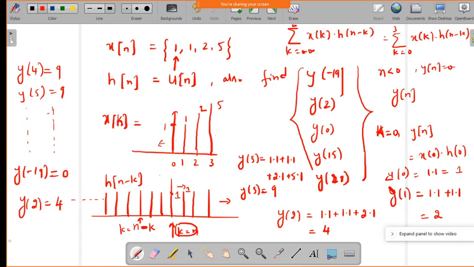So now what is y of 15? y of 15 you are going to get 9, and similarly y of 28 will also be 9. Okay. And y of 0 will have the value 1. So these are all the samples which they asked to calculate for the convolution.